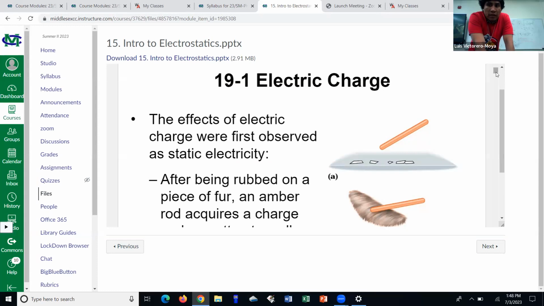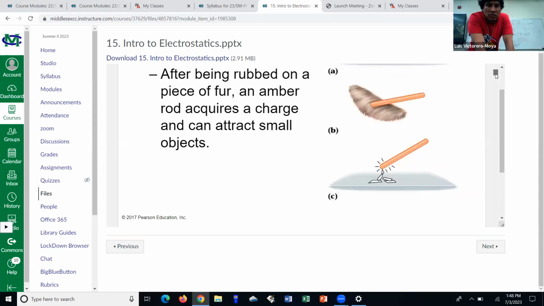And then what happens is that you can lift those pieces of paper because of attraction. That was the first sort of experiment or observation that we have that shows us static electricity, which is basically the removing or the transferring of electrons from one material to another material. How? By rubbing the piece of fur on the rod of amber or plastic.